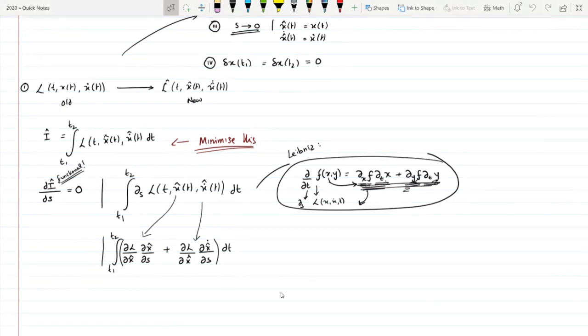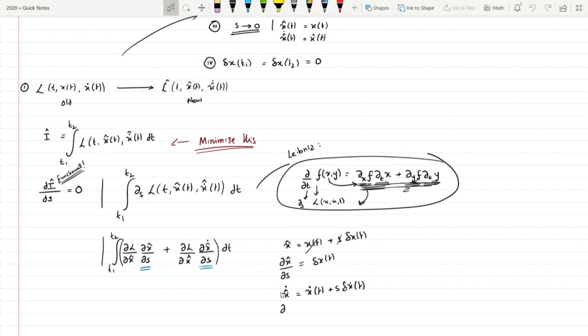So let's now try to simplify these terms, and we see we can actually simplify this. If you remember, I told you to write this out earlier. X hat is just x of t plus s times del x of t. So what is this term here? Well, this goes to 0. Does everyone agree? The derivative of s with respect to s is 1, so you get this. What about this? Well, this is just x dot of t plus s del x dot of t.